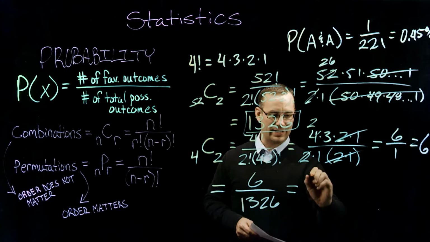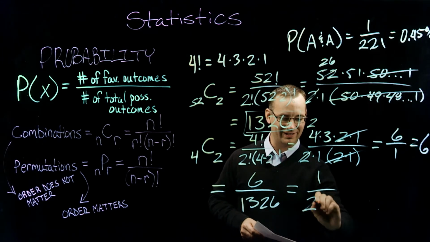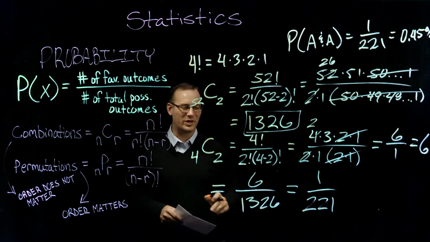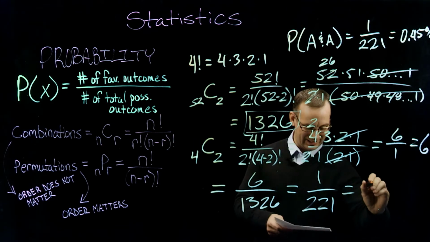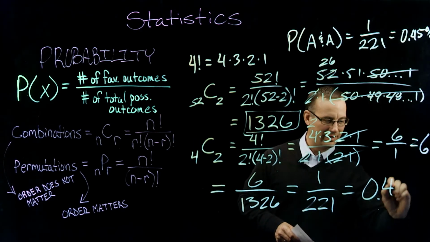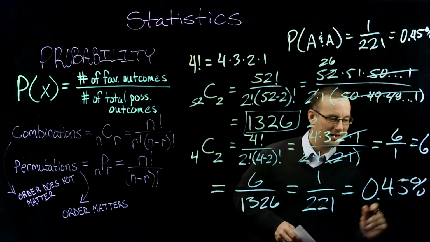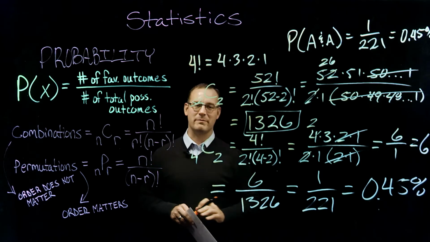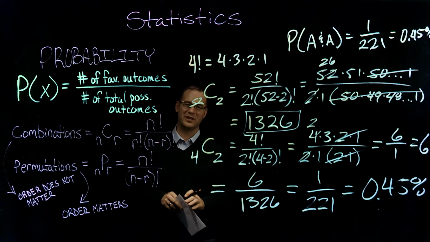If we reduce that down, we end up with our magic number of 1 out of 221 hands. And that simplifies to 0.45% of the time, or about 1 out of every 220 hands.